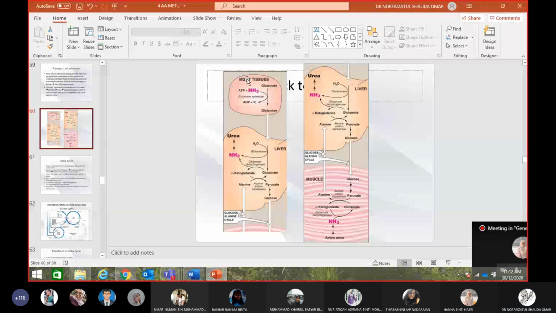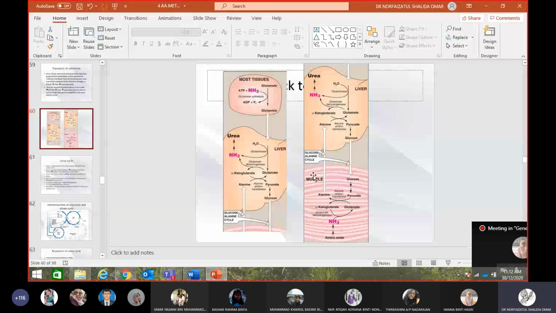This one is what? Transamination or oxidative deamination? Oxidative deamination, see, glutamate oxidative deamination, and then the glutamate is converted to alanine by transamination.